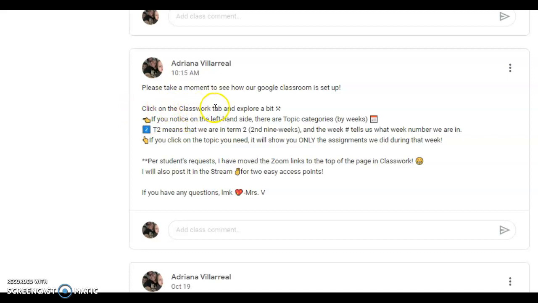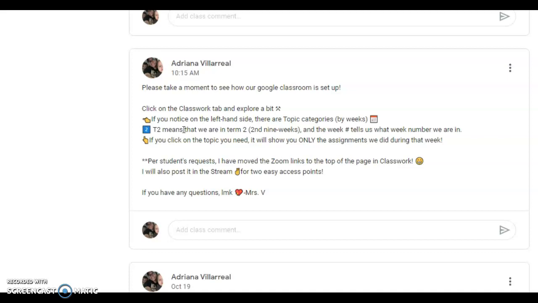If you go to classwork, notice on the left-hand side there's topics. I named the new topics as we go. They're going to be T2 because we're in the second 9 weeks, term 2. The week number tells you what week we're in.